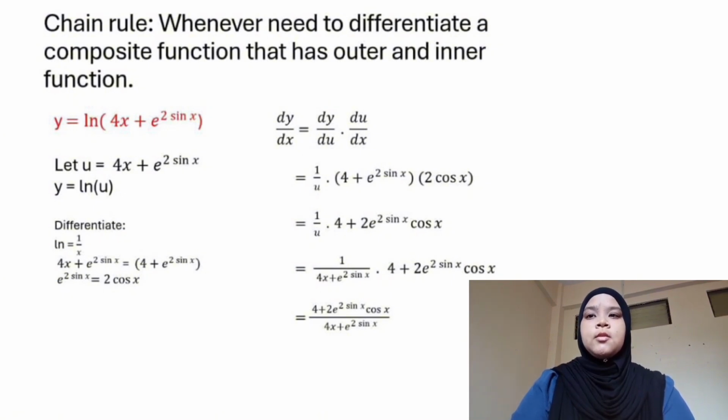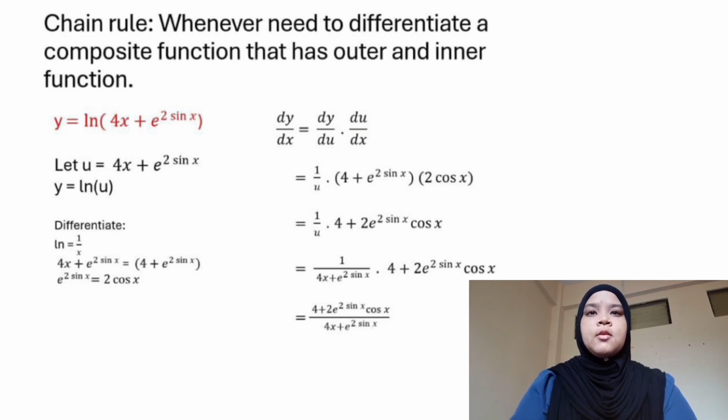Next, we differentiate all the functions. The derivative of ln u is 1 over u. The derivative of 4x + e^(2 sin x) is 4 plus e^(2 sin x). For the exponent power of 2 sin x, we need to differentiate, which becomes 2 cos x.